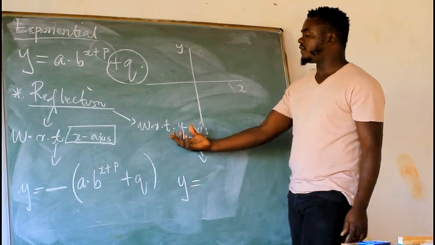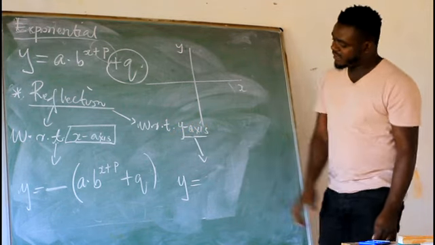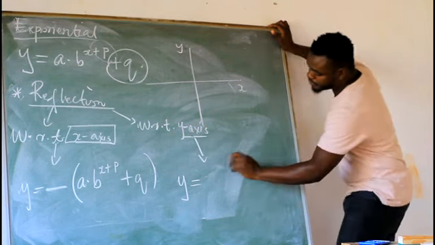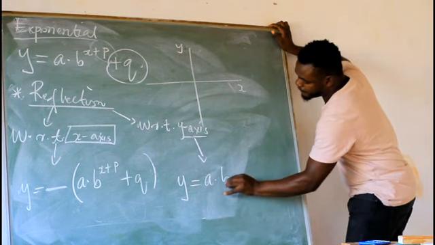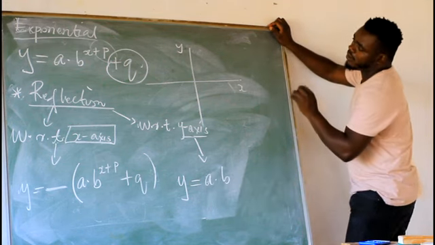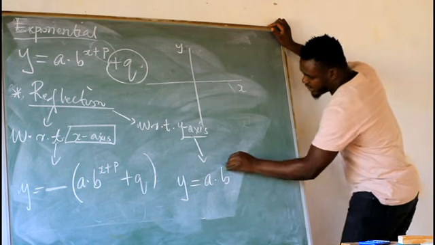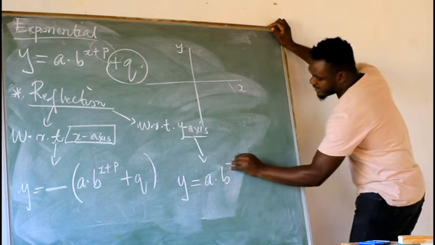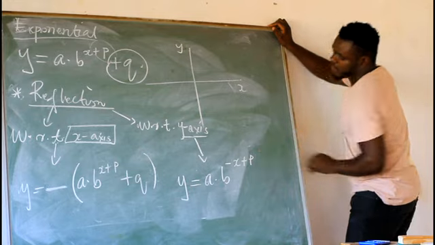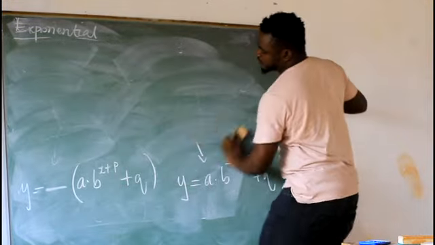Whenever we talk about the reflection with respect to the y-axis, then it's going to be y equals, but in this case, we're going to introduce the negative to the x, so negative x plus p.